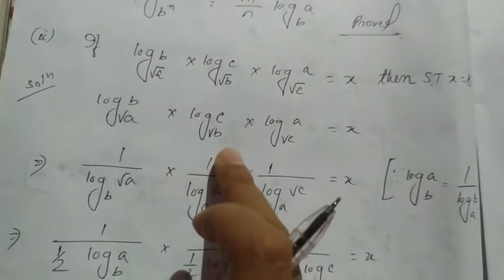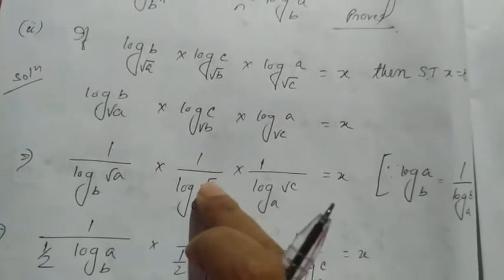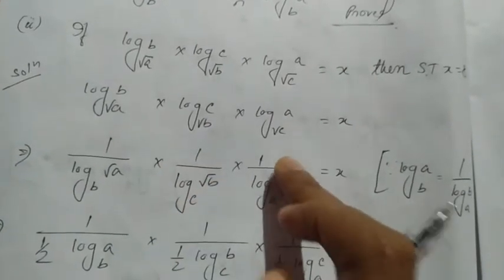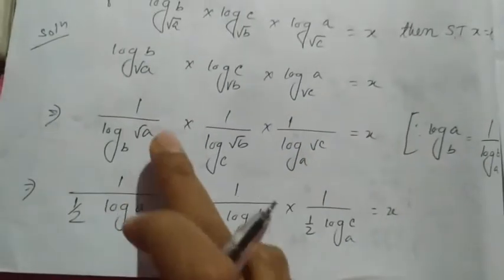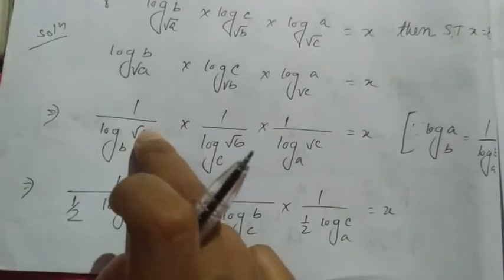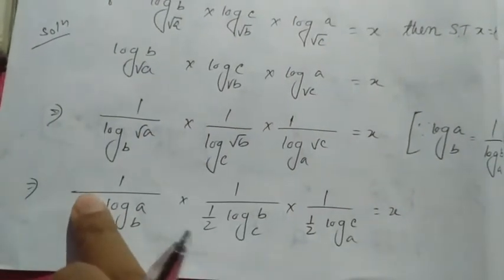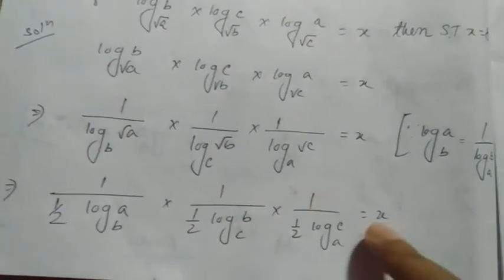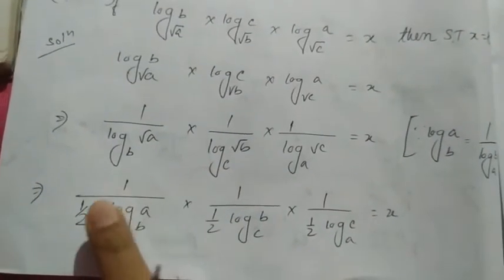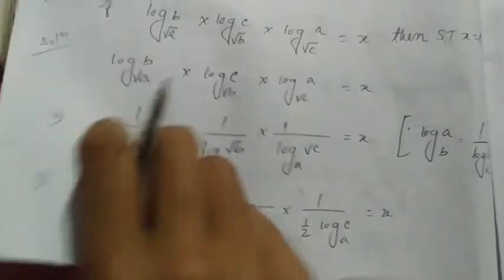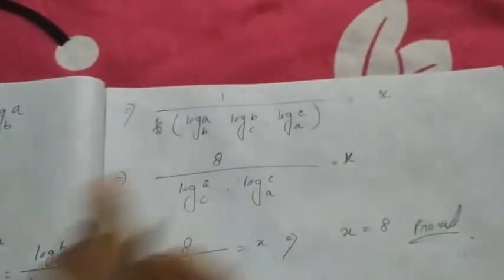So into 1 by log root b to the base c into 1 by log root c to the base a equals x. So root a means a to the power half. So half will come before the log. Here also half will come before the log. Here also half will come before the log. So ultimately this is 2 into 2 into 2. So 8 means 1 by 8 into this.